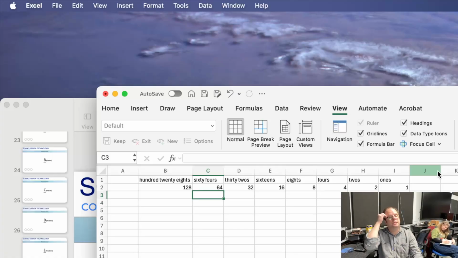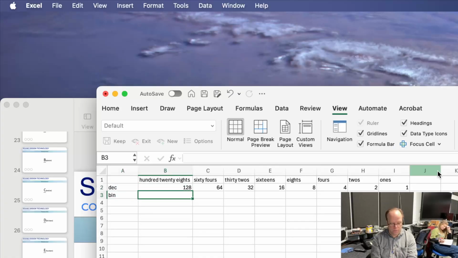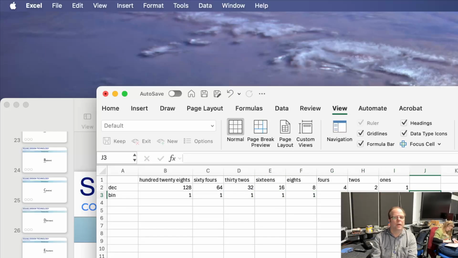So what's the biggest number we could make here? What if I did a 1 for each of these? So this is decimal, and this is binary. The biggest number I could make here with these digits would be a 1 in every column, right? So 1, 1, 1, 1, 1, 1, 1, 1.